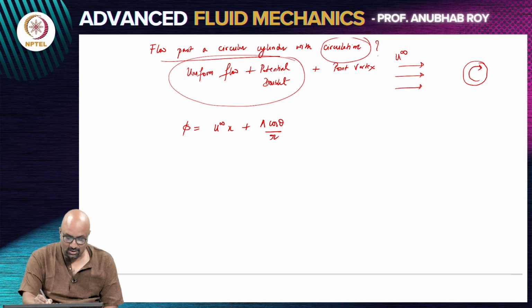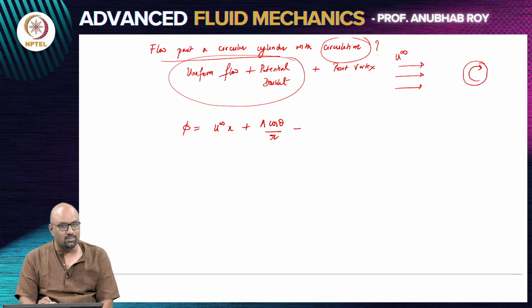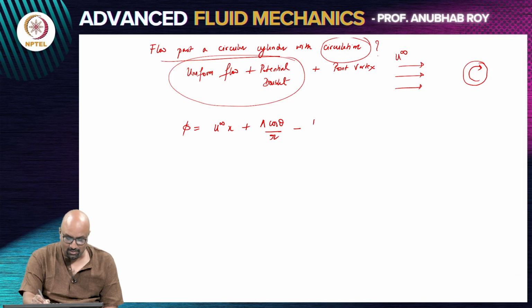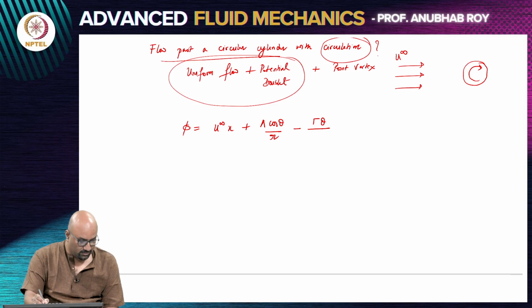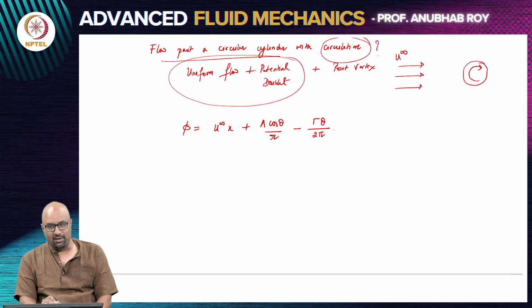Now, the circulation that I am adding, this is just for ease of the final calculation that we will do. We will add a clockwise circulation or a clockwise rotation or a negative circulation in this problem. It just makes the calculation more convenient.